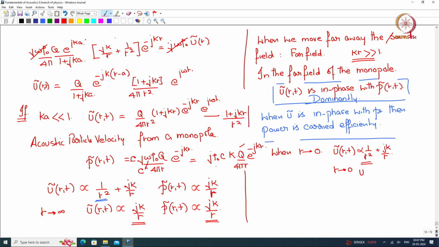Then u tilde of r comma t is dominantly 1 over r square. That region is called the near field, and near field is also denoted through a non-dimensional number, typically kr much less than 1.